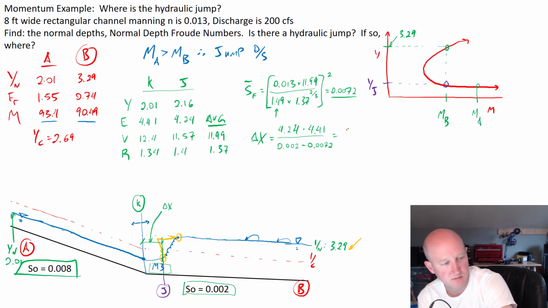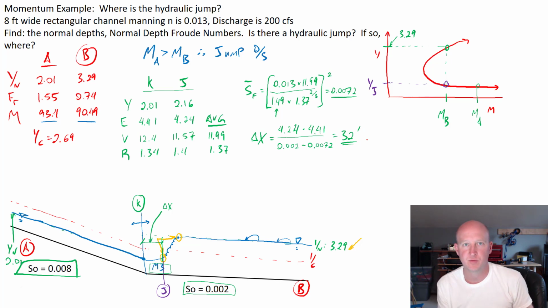And when I did it in the example, I got 32 feet. In the spreadsheet, we got 34 feet, so that's probably a rounding difference, but that's the answer.